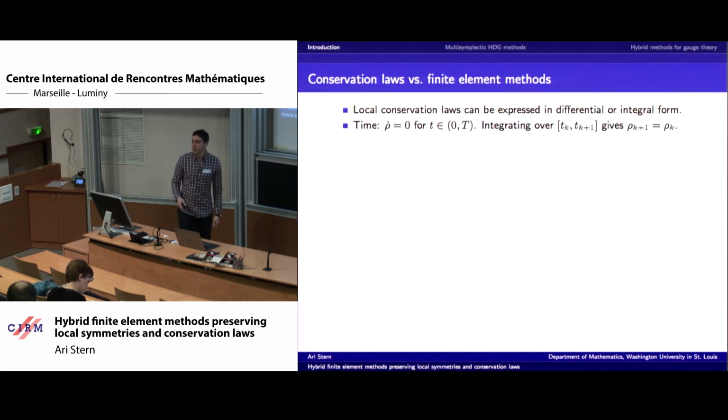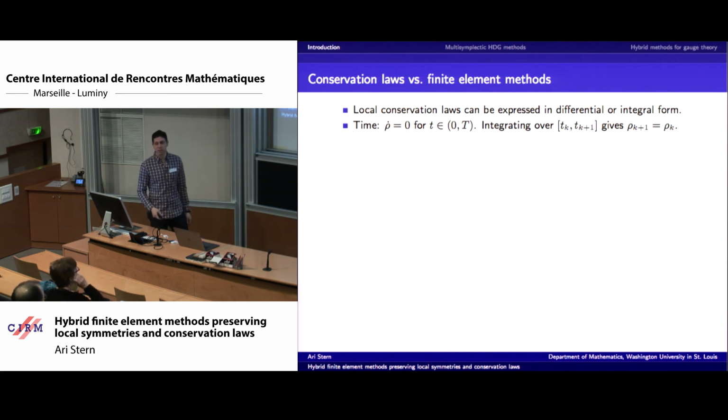So for example, if we had some quantity rho that's conserved in time, to say that it's conserved in time is that its time derivative, which I'm writing with a dot, is 0 for all t in some time interval. And of course, if we integrate it over a particular time interval, tk to tk plus 1, rho being conserved just says that the value of rho at step k plus 1 is the same as the value of rho at step k.